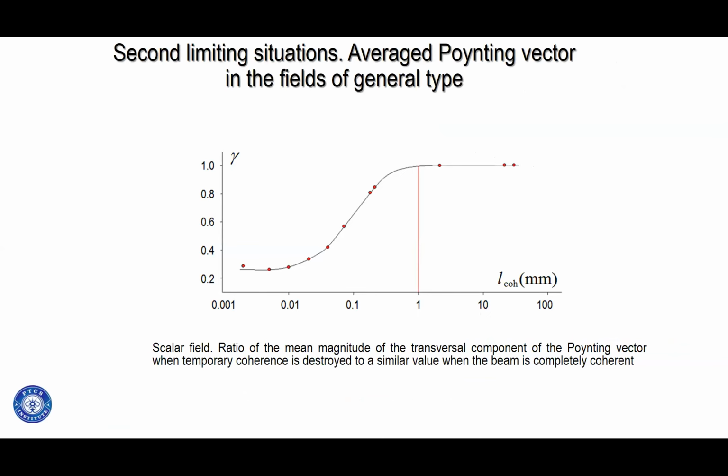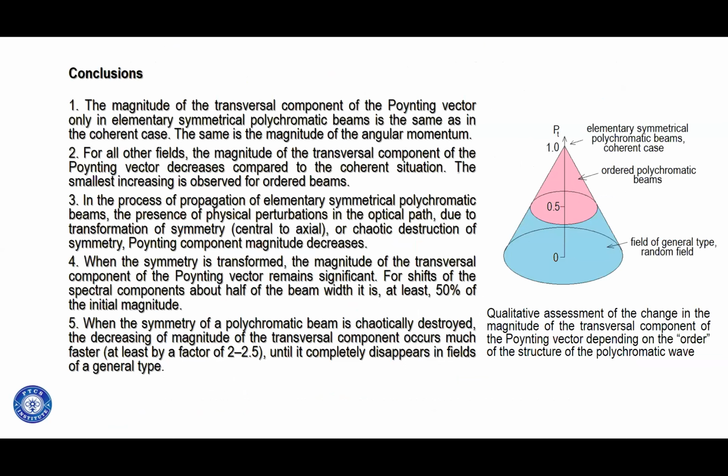If we take into account these facts, then we can draw the following general conclusion. The magnitude of the transversal component of the pointing vector only in elementary symmetrical polychromatic beams is the same as in the coherent case. The same holds for the magnitude of the angular momentum.